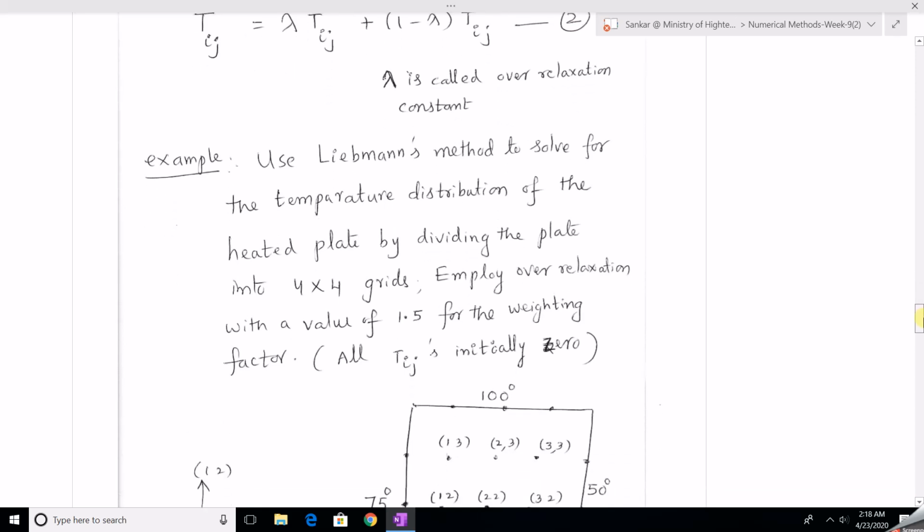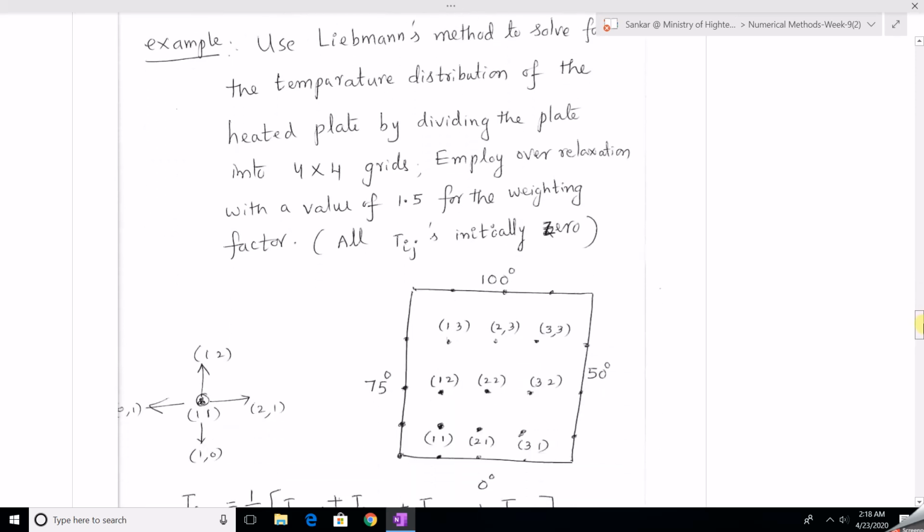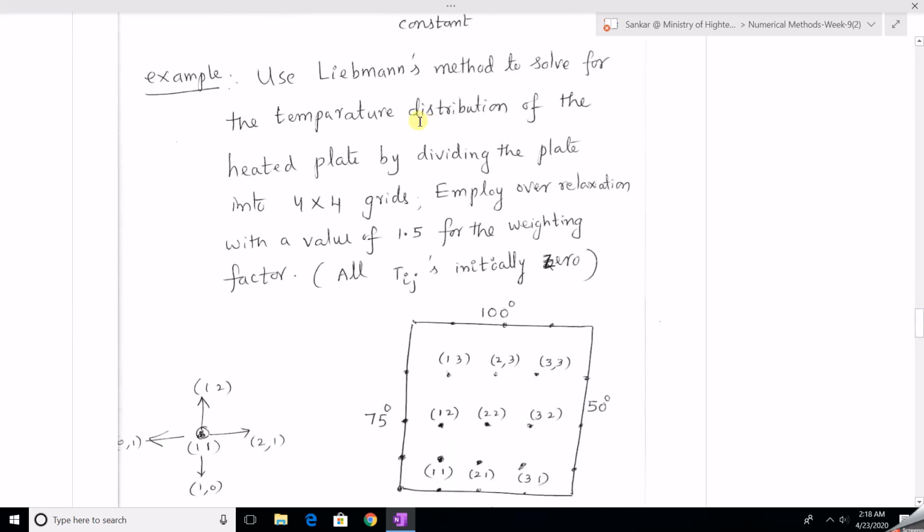Now let us look at an example. Use Liebman's method to solve for the temperature distribution of the heated plate by dividing the plate into 4 by 4 grids. Employ over relaxation with a value of 1.5 for the weighting factor.